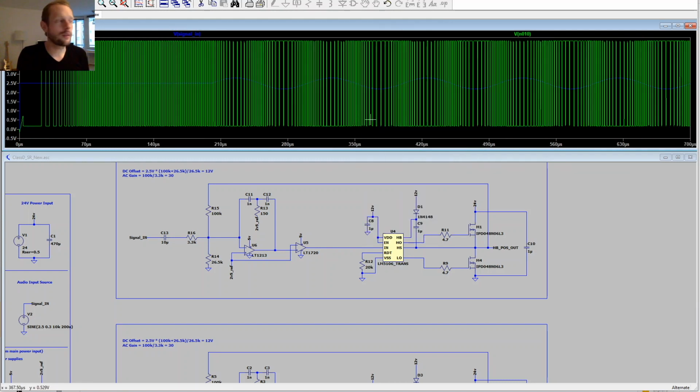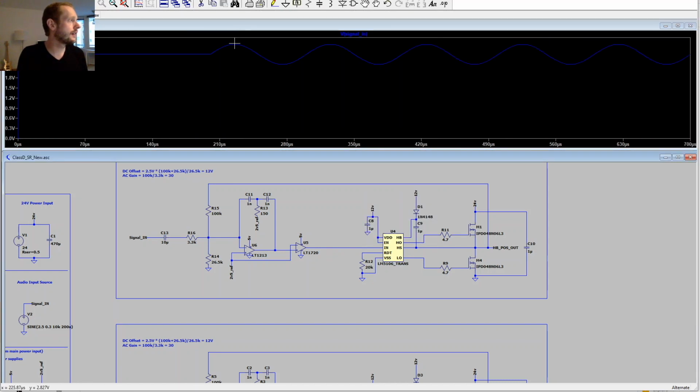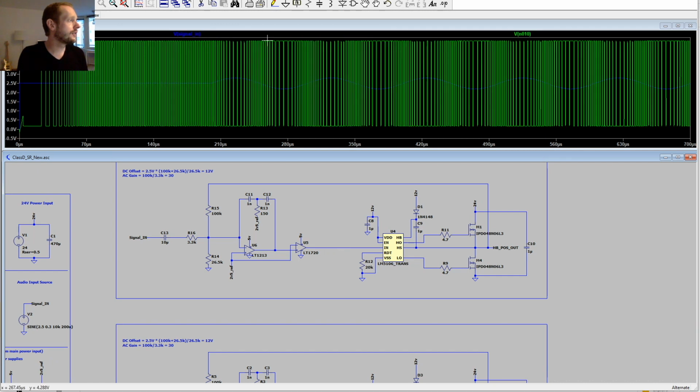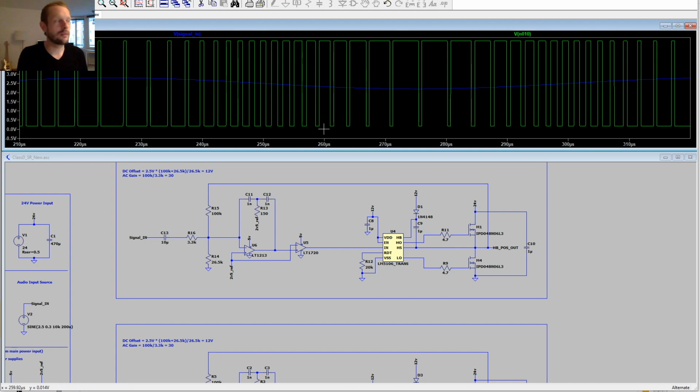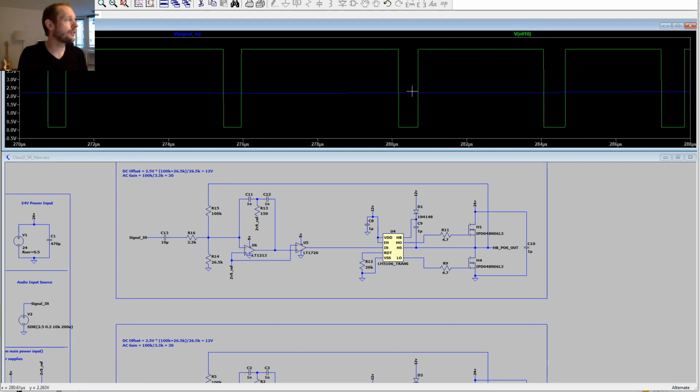But the interesting thing is, as soon as the signal starts modulating, you can see that our PDM output stream is modulating. Now the interesting thing: the higher the modulation, the more the frequency will drop, as I have told you already. If you check the frequency at this point, you can see that we have only 210 kilohertz.